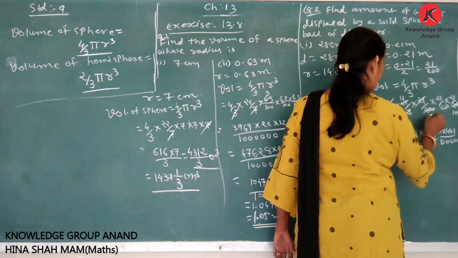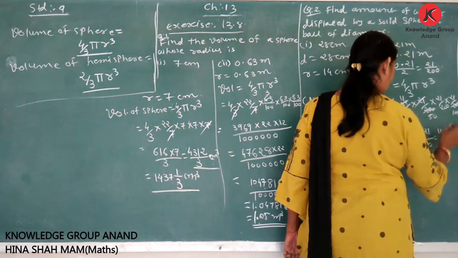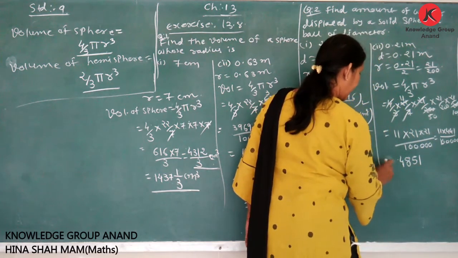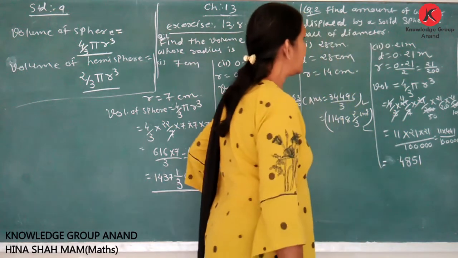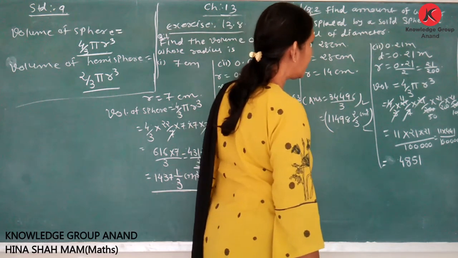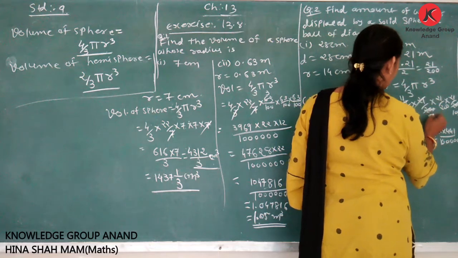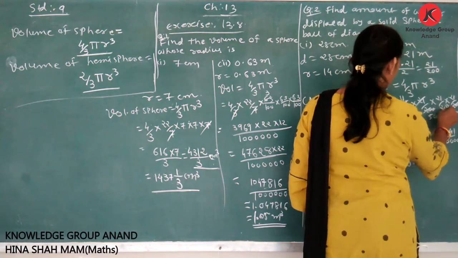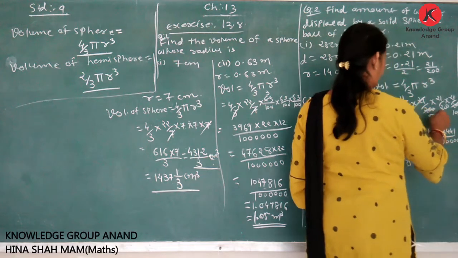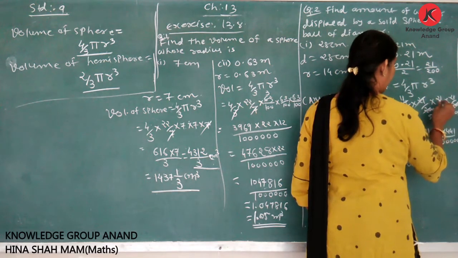Then answer is 0.021 by 2, 21 by 200. 4 by 3 pi r cube, 4 by 3 pi 22 by 7 into 21 by 200, 21 by 200, 21 by 200. 4 3s are 21, 5 4s are 200 and 11 2s are 22, 100 2s are 21 into 21.